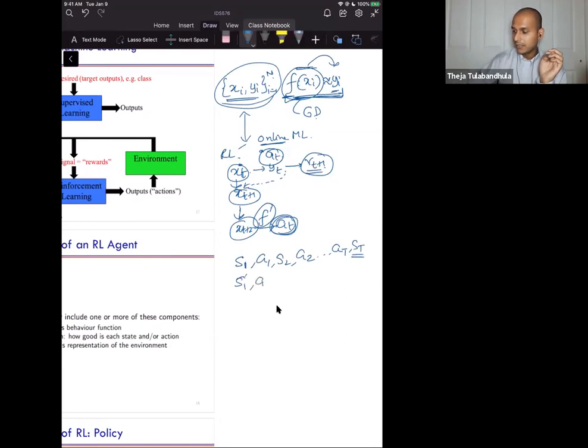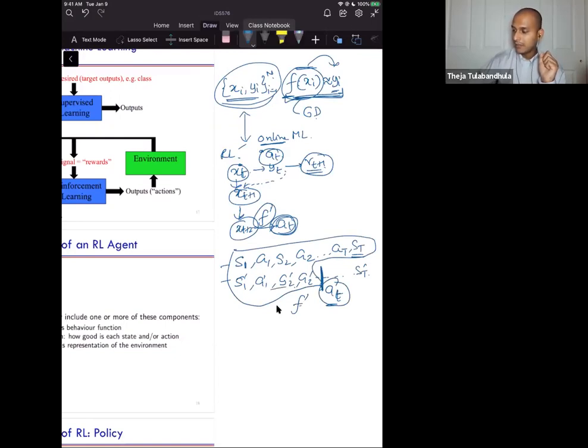It's a different sequence, maybe A1 prime, S2 prime, A2 prime, and so on, maybe to some other destination ST prime. This is my data now. At any given point of time, let's say I want to make a decision here. What's the decision to be taken at time t? I can use all this information somehow to make this decision, and that's what that function will do. Of course, I'm not going to use all this information only once.